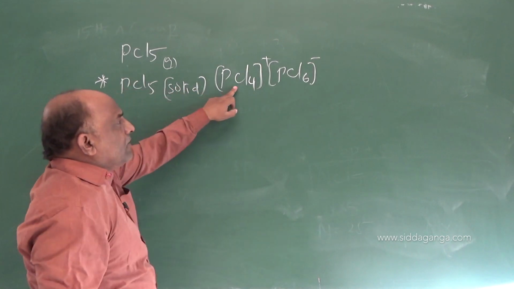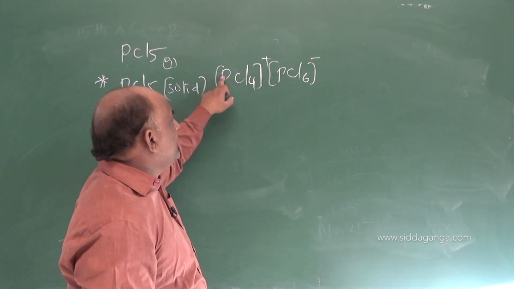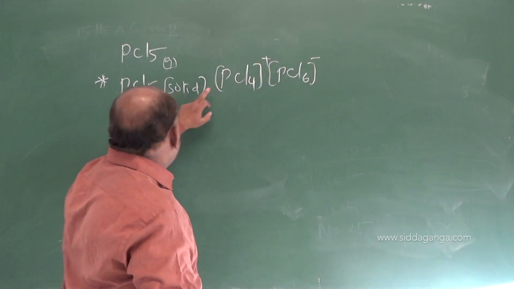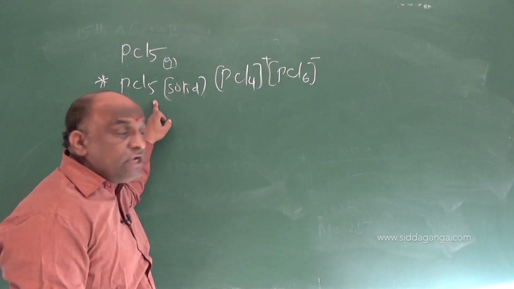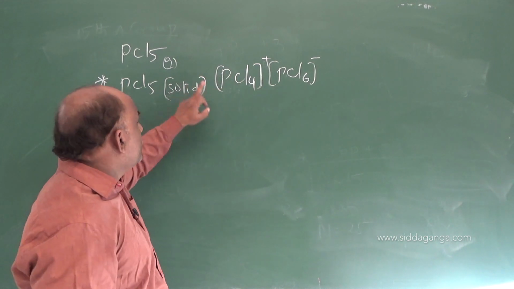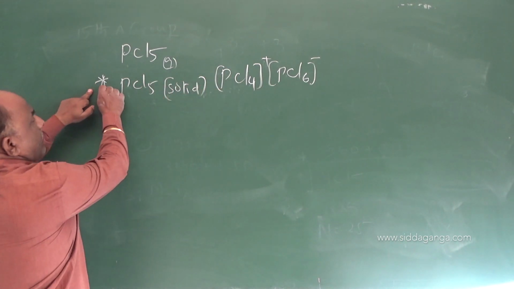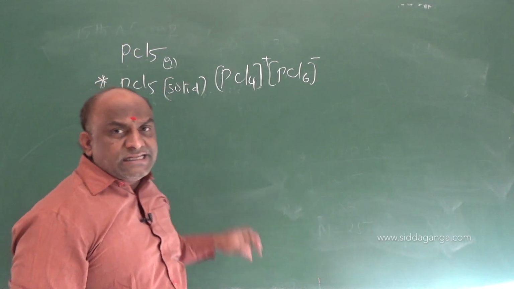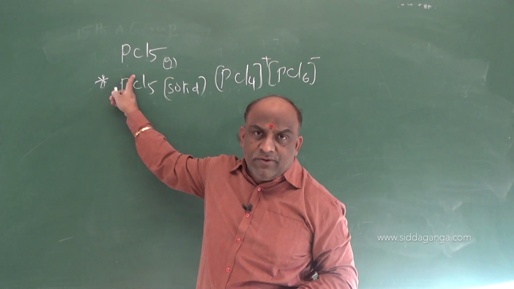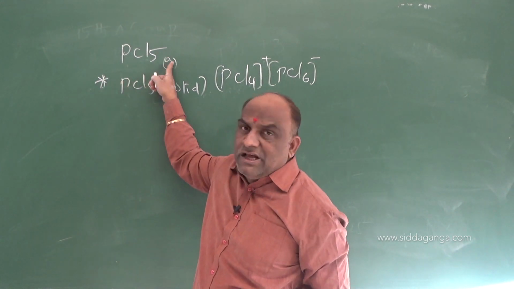This is complex formation. Similarly, PBr3 and PI3 are also available in the solid form with this type of structure only. So remember, this is a very important competitive question. In the gaseous state, phosphorus pentachloride formula is PCl5.